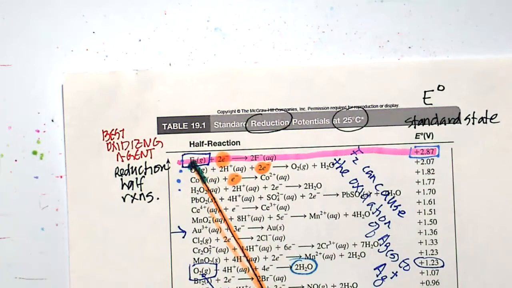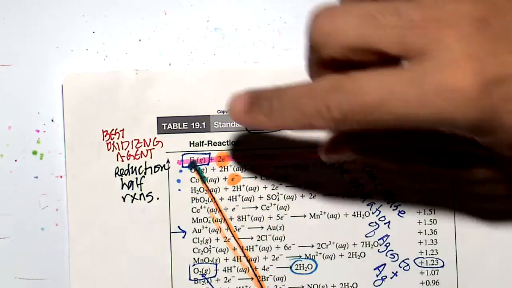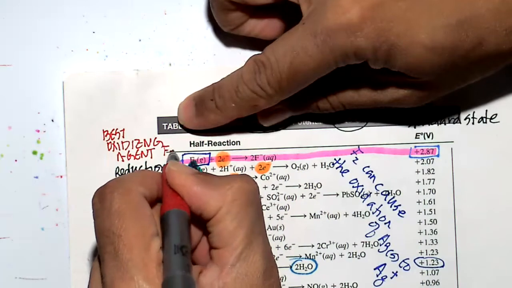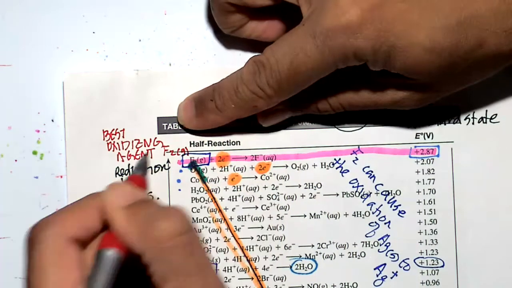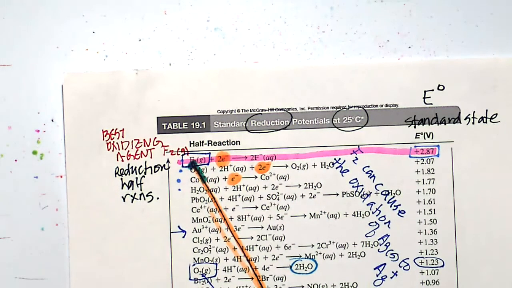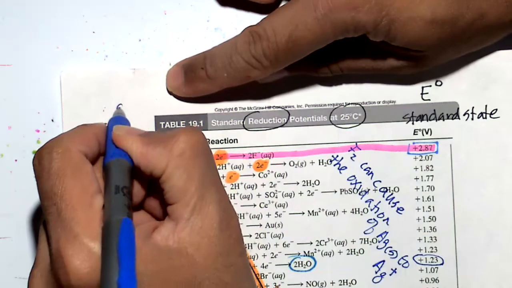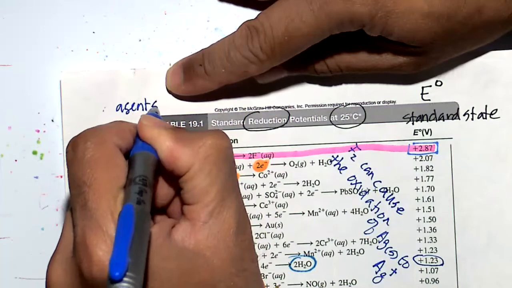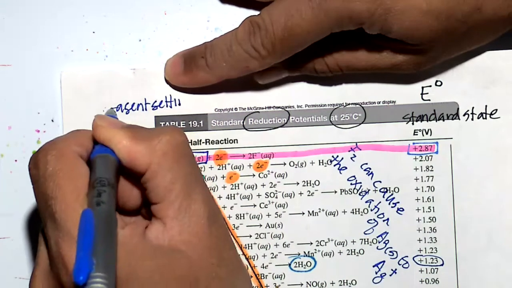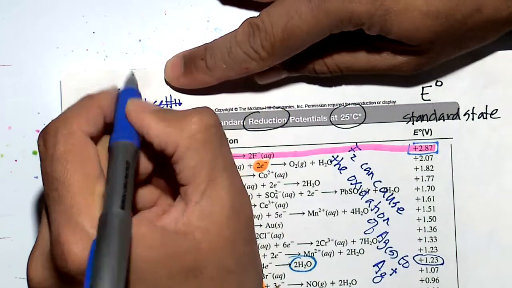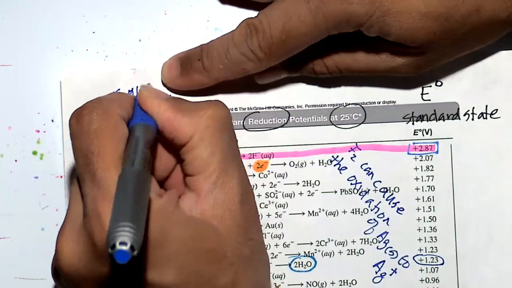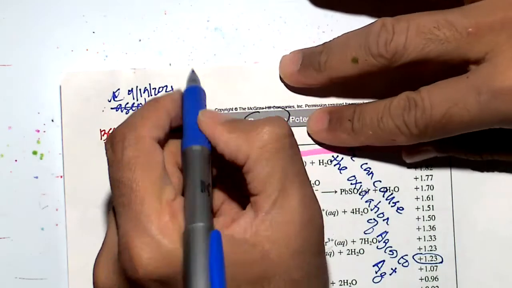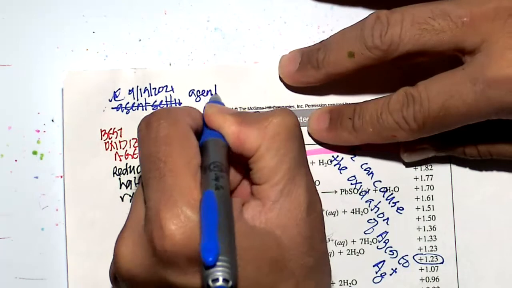That's this top part here, F2 gas. And an oxidizing agent is an agent that's very good at getting reduced. Okay, agent very good at getting reduced.